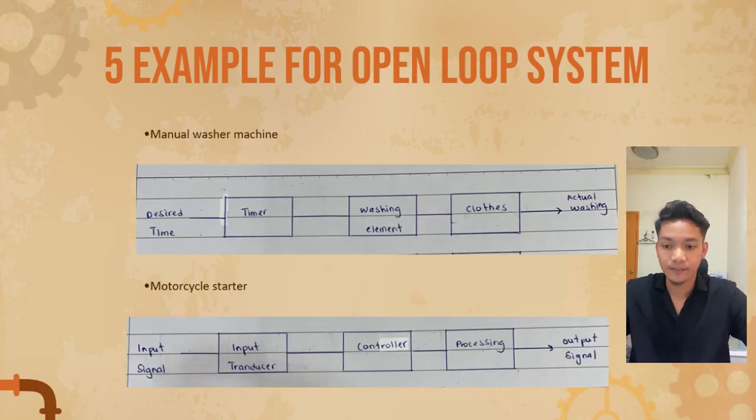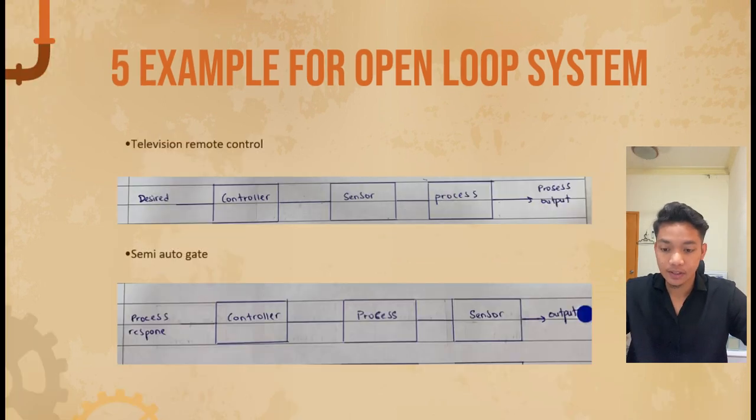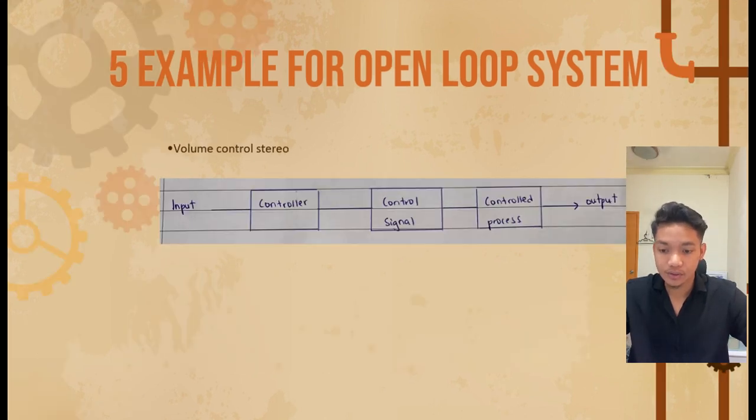Firstly, our group has the manual washing machine, motorcycle starter, television remote control, semi-auto gate, and lastly the volume control stereo. These outputs are direct, so they don't have any feedback. The operation will continue in an easy diagram or easy circuit that will be made.